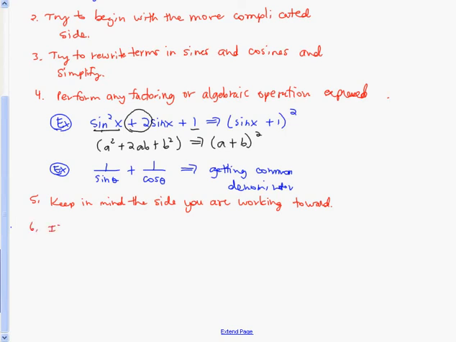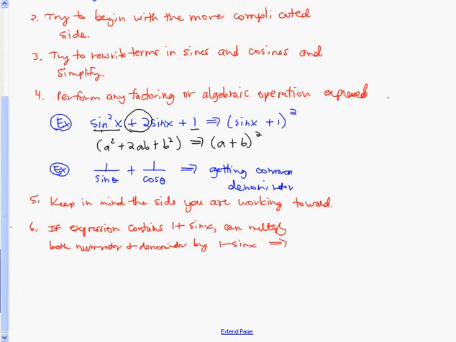Another tip, if your expression contains something like 1 plus the sine of x, you can multiply both the numerator and the denominator by something like 1 minus sine x.